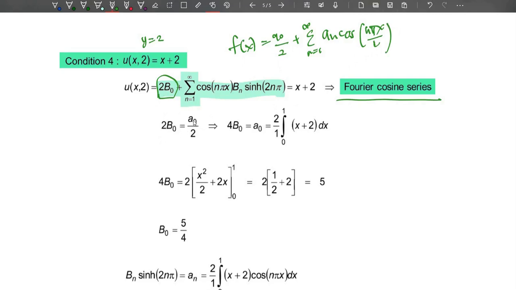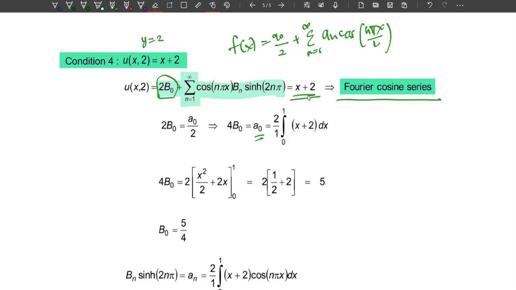So 2b0 is equal to a0 over 2, which means 4b0 is equal to how we integrate a0. So 4b0 is equal to 2 over 1, integrate 0 to 1, 2 over a here, integrate 0 to a, x plus 2 with respect to x.